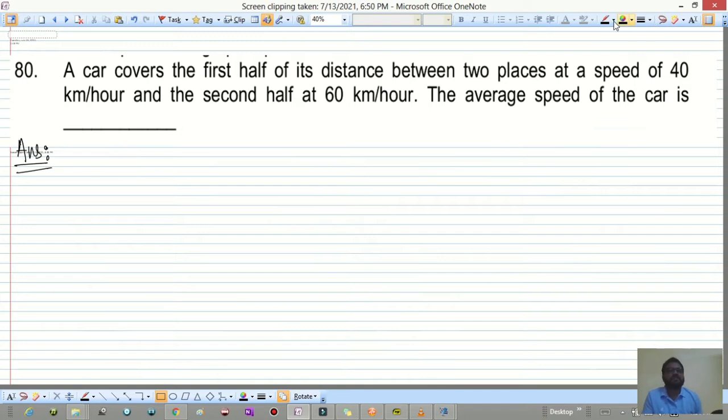A car covers the first half of its distance between two places at a speed of 40 km per hour and the second half at a speed of 60 km per hour. Find the average speed.